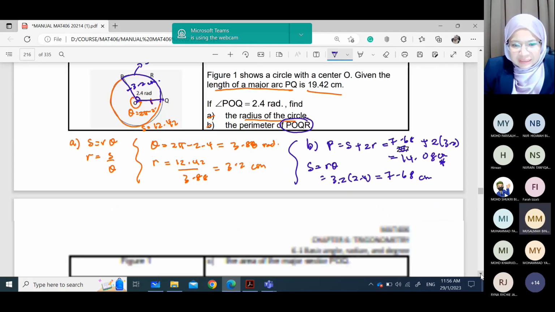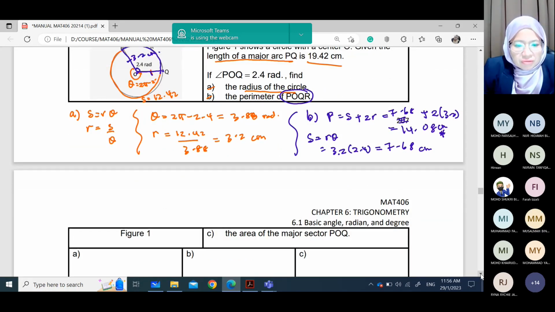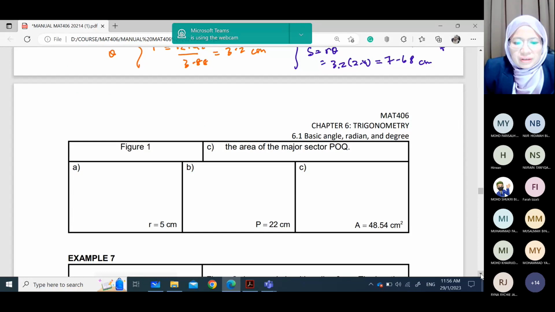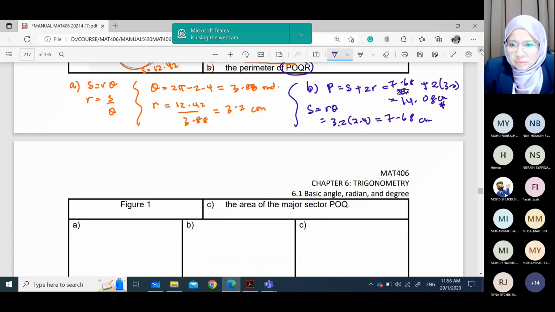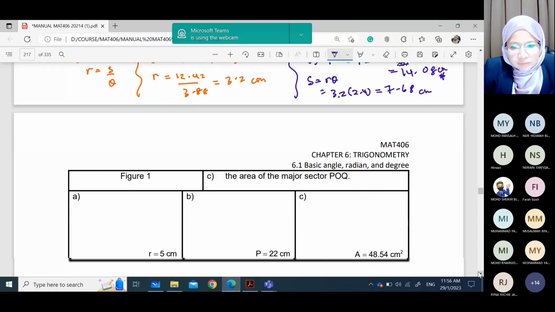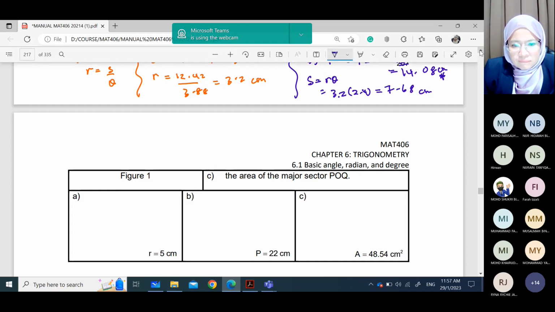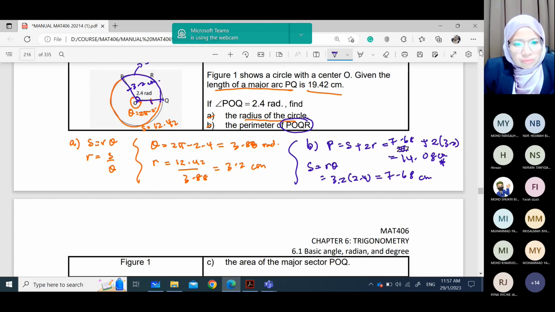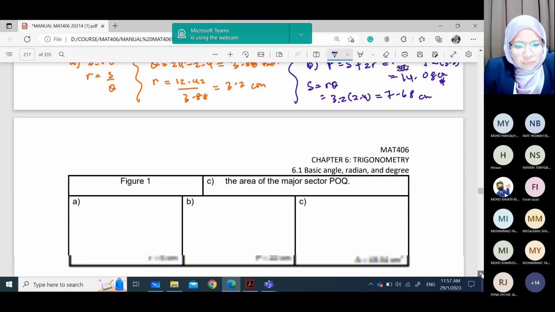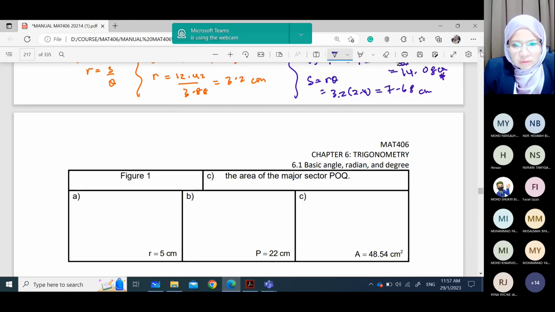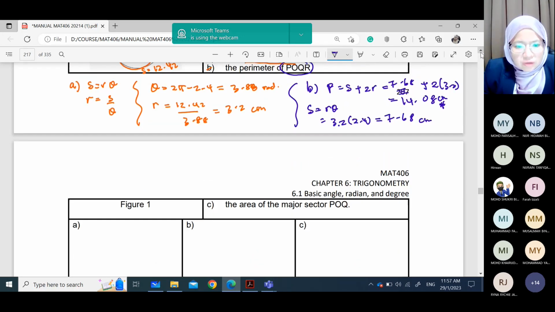Okay, very good. Figure 1, AB. Oh, there is another question: the area of a major sector. Okay, wait. This one, 5 cm, POQ. Which answer is it?